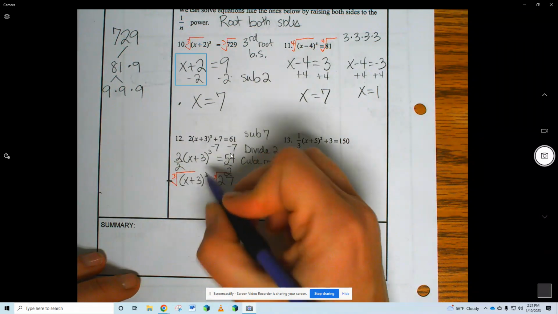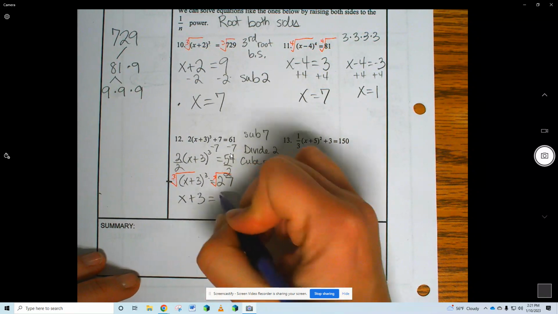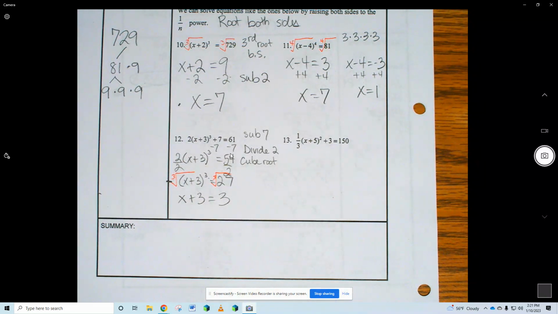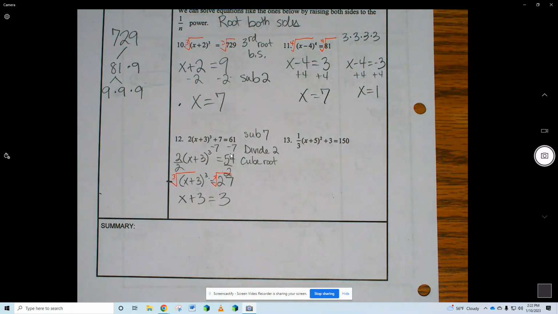So the cube root cancels out the power of 3. X plus 3 equals 3. It's just a positive 3. Look at the root. It's a cube root. Something multiplied 3 times. I could not do a negative. I can't do negative 3 times negative. No, that wouldn't be it.